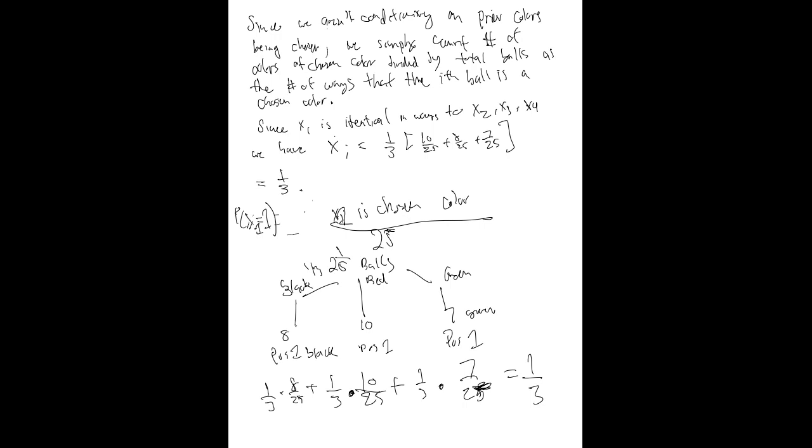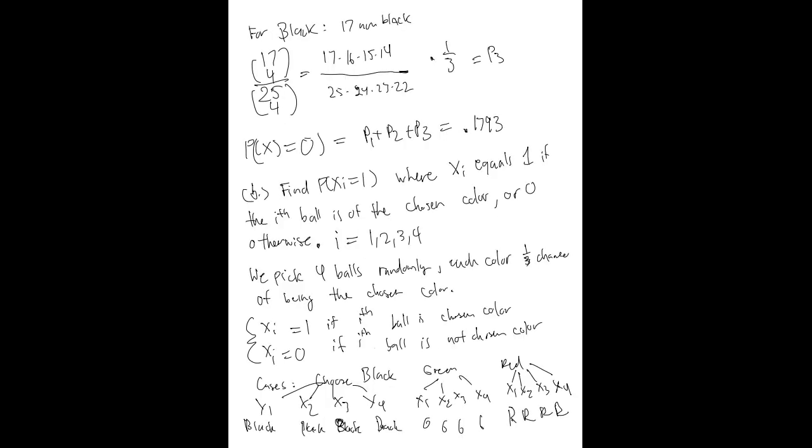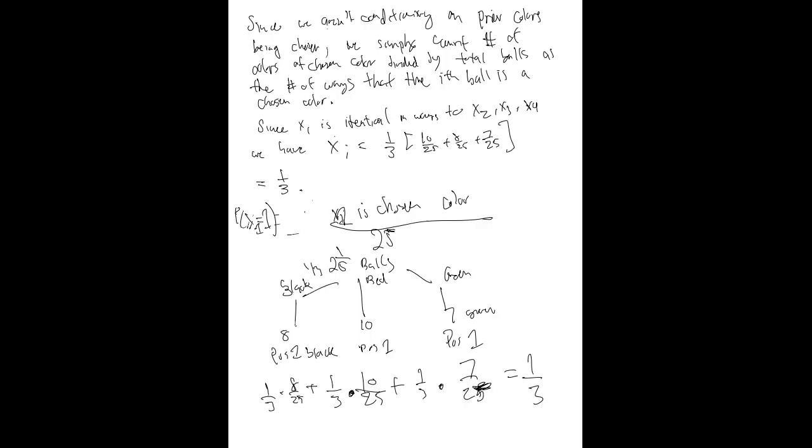I just interpreted it literally, where only that position is of the same color. So for the answer, since we aren't conditioning on prior colors being chosen, we simply count the number of balls of the chosen color divided by the total number of ways that the ith ball is the chosen color. So we have just 1/3, which makes sense because whatever ball we choose, there's a 1/3 chance that it's the same color as the color we chose.